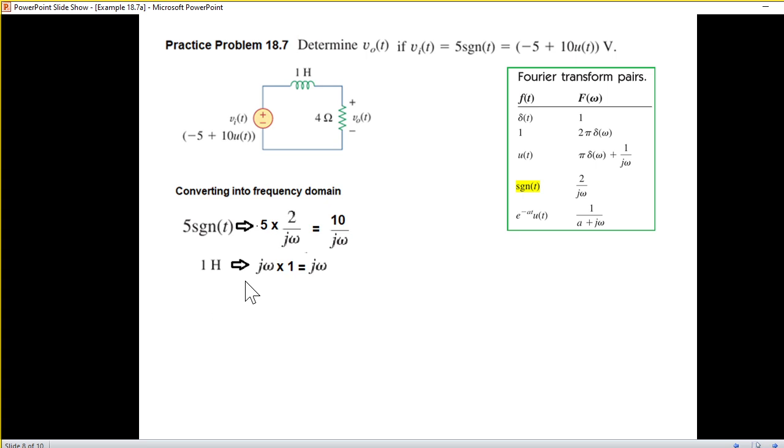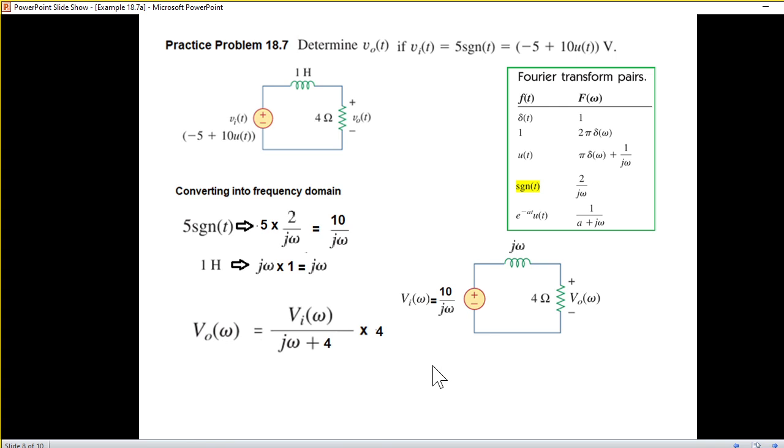The inductor will be j omega L, and L is 1, so that will be j omega. So the Fourier domain circuit will look like this: input 10 over j omega, inductor j omega. Remember, we have to find the output across the 4 ohm resistor, and we have written them in capital letters, capital Vi, capital Vo.